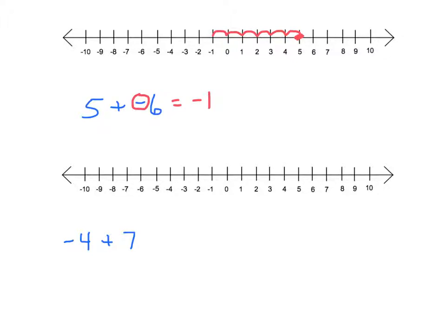In the example -4 plus 7, I'll do exactly the same thing. I'll put my finger on -4, and there's an understood positive sign in front of that 7, which means I'm going to move in a positive direction 7, 1, 2, 3, 4, 5, 6, 7, which means I'm going to end up with 3. I could say positive 3, or I could just say 3 for the answer.